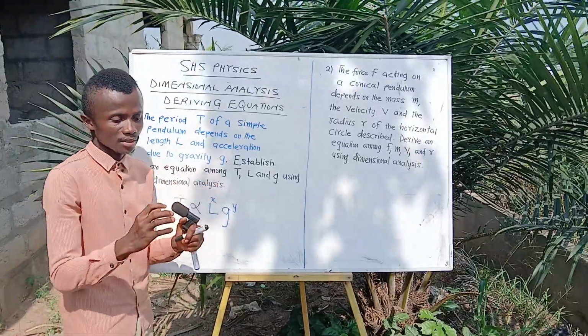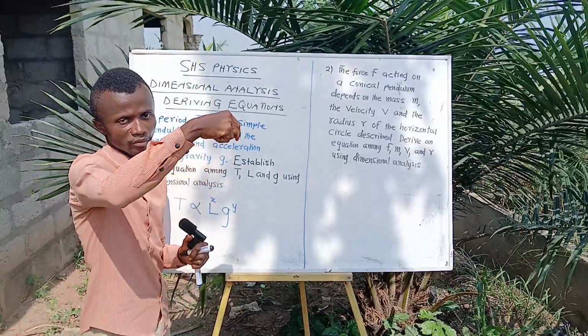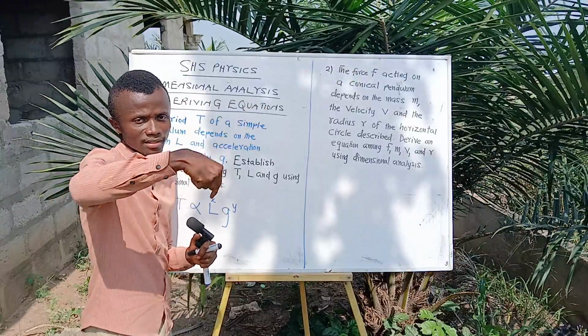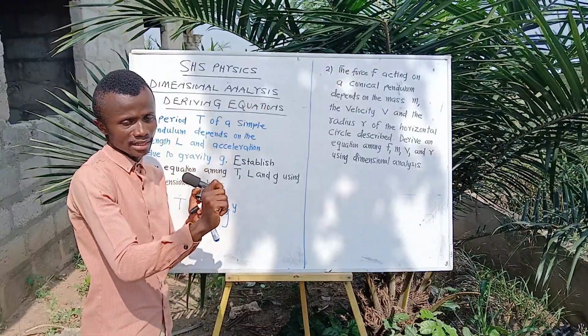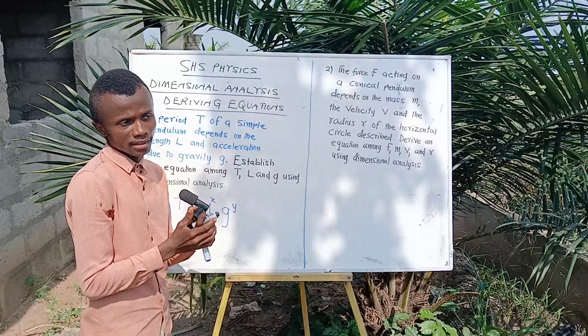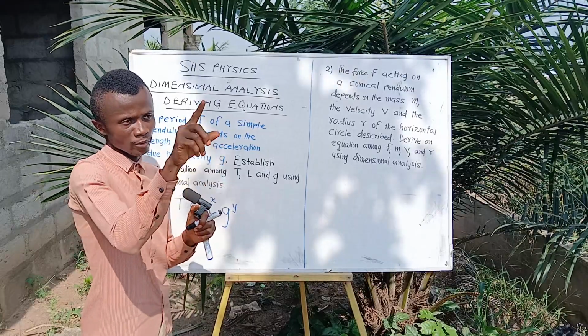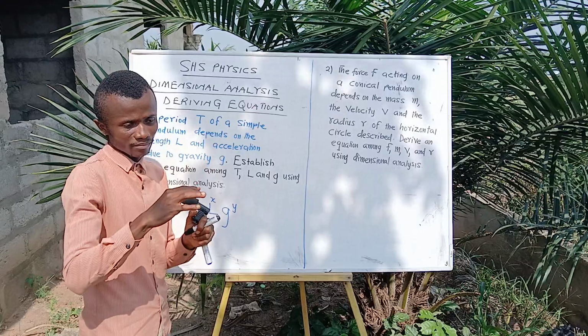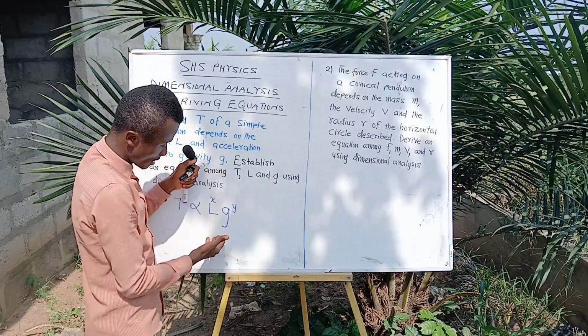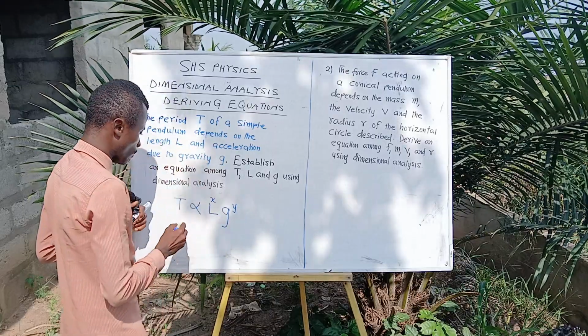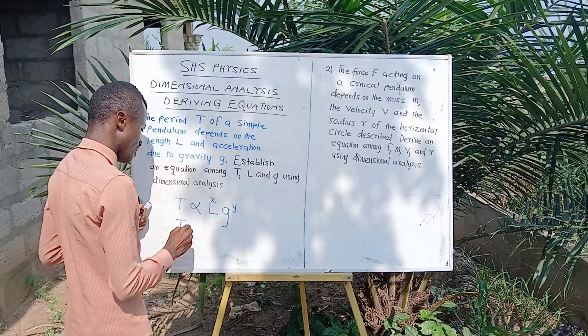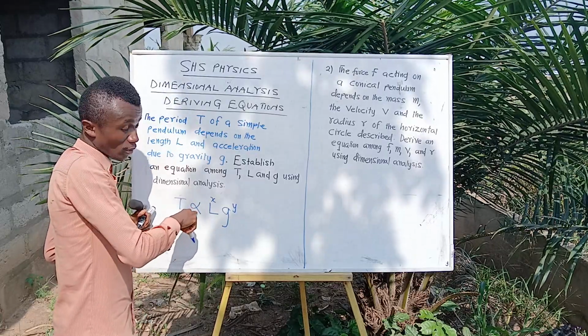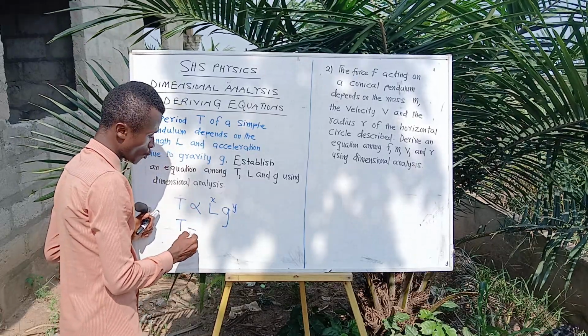Somebody who has come across the simple pendulum before knows the equation for the period that depends on L and g. In fact, T is equal to 2 pi square root of L over g. But then, how do we derive that over here? So, the next thing to write is T. Remove the proportionality sign, bring an equal to.